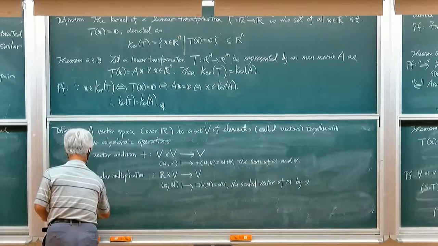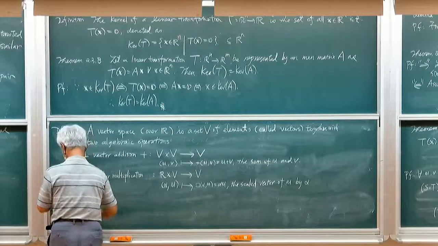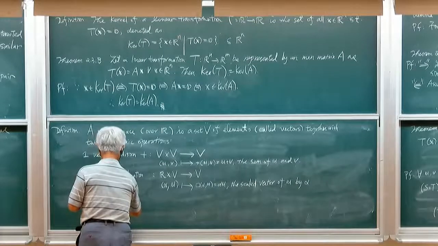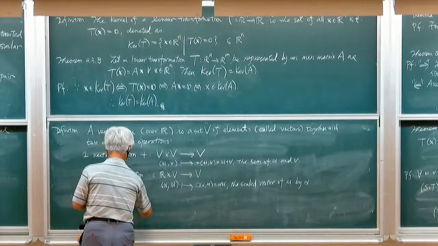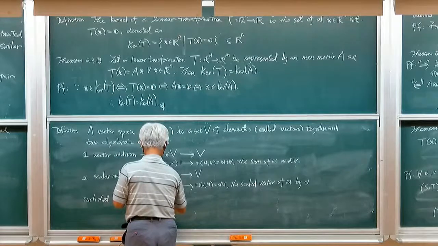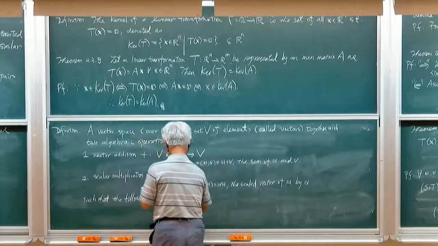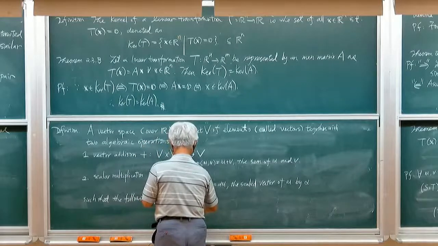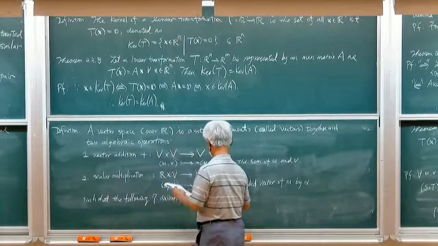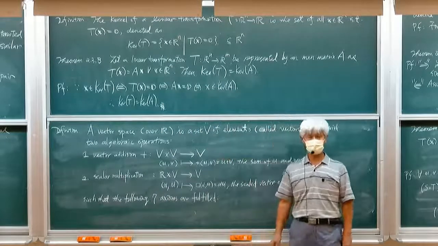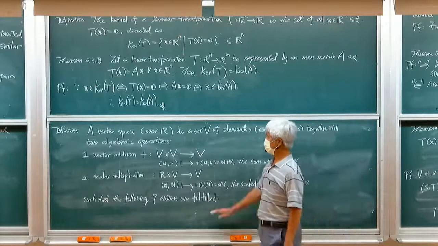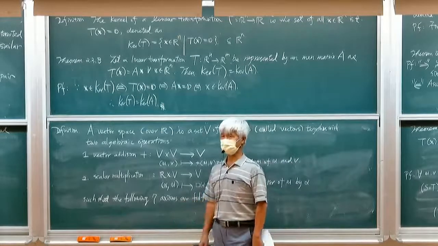So such that the following 7 axioms are fulfilled. Okay? And of course, I don't have enough time to state all the 7 axioms right now. Okay, so I will state that next week.